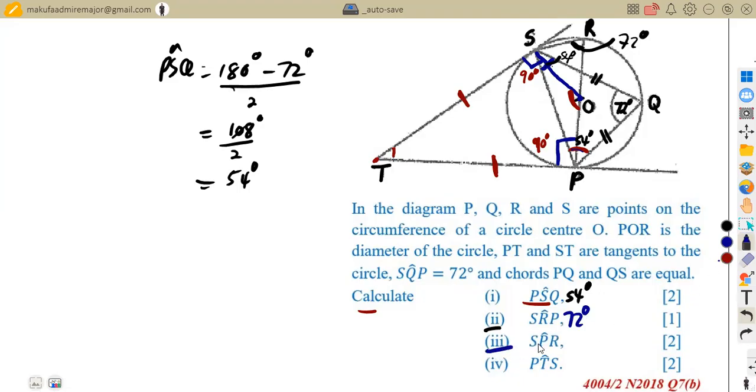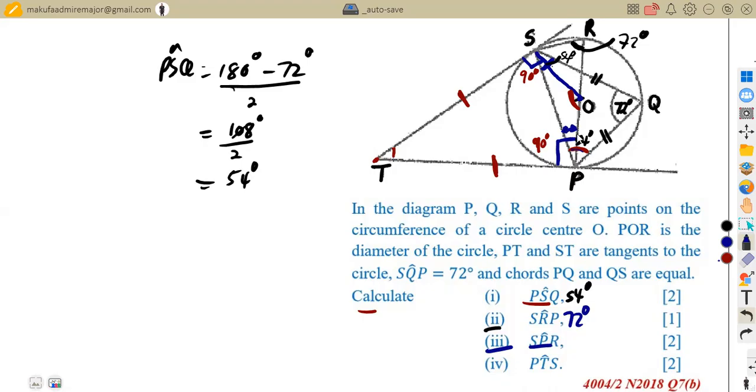Then we've got SPR, that is S to P to R in this case, which is this one that is remaining here. From S to P to R, we are referring to this angle. How are we going to calculate this? If we take note here, we can subtract this one from the 72 degrees, or since this whole angle is 54, what is the remaining angle on this other side?